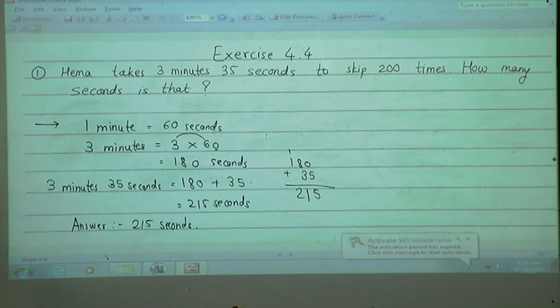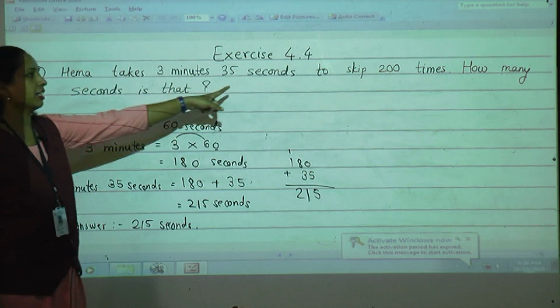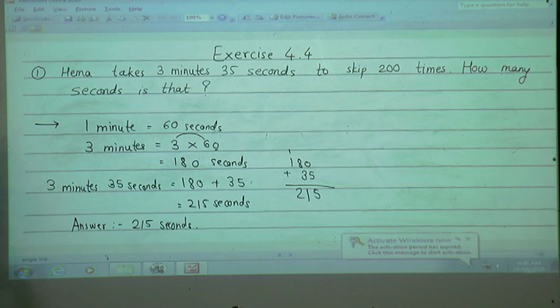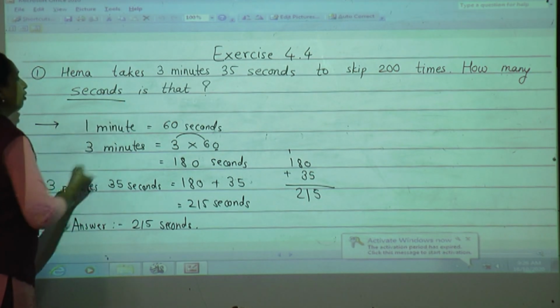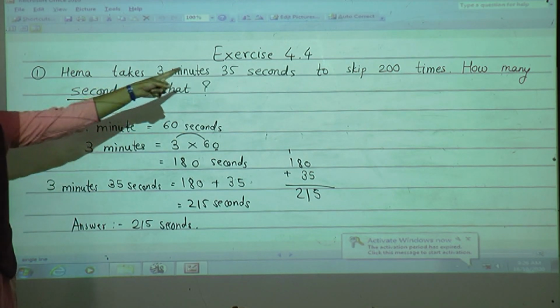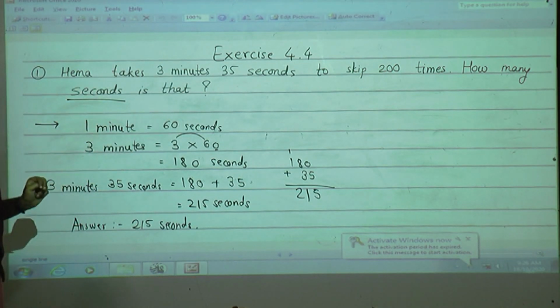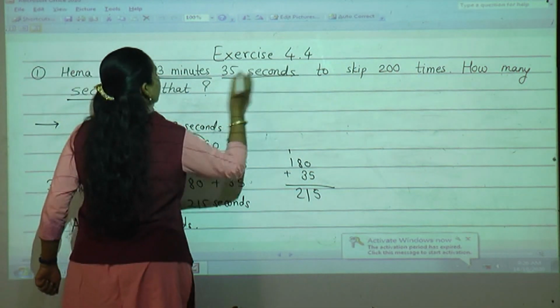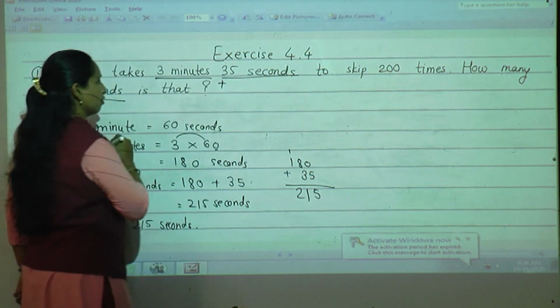Clear? Very easy. Yes, I'll repeat once again. See, Hema takes 3 minutes 35 seconds to skip 200 times. So how many seconds is that? We have to find out how many seconds in total she takes to skip 200 times. They had given 3 minutes and 35 seconds. 35 seconds no need to convert, we have to add.